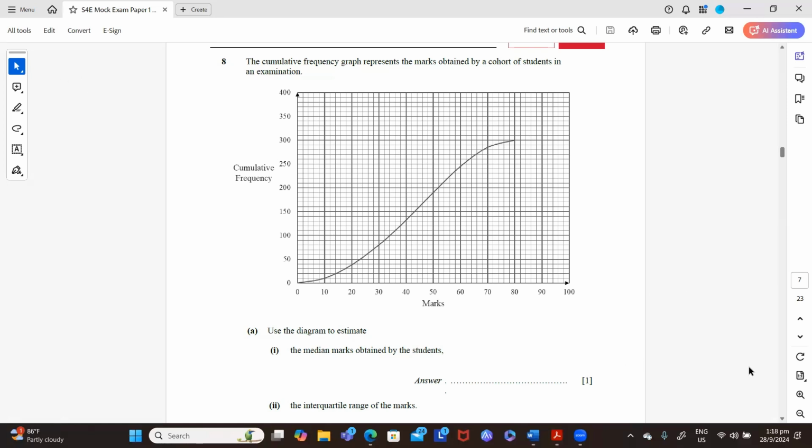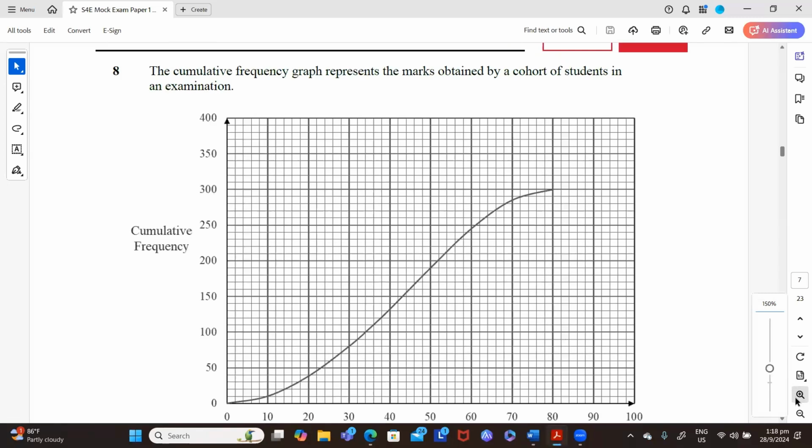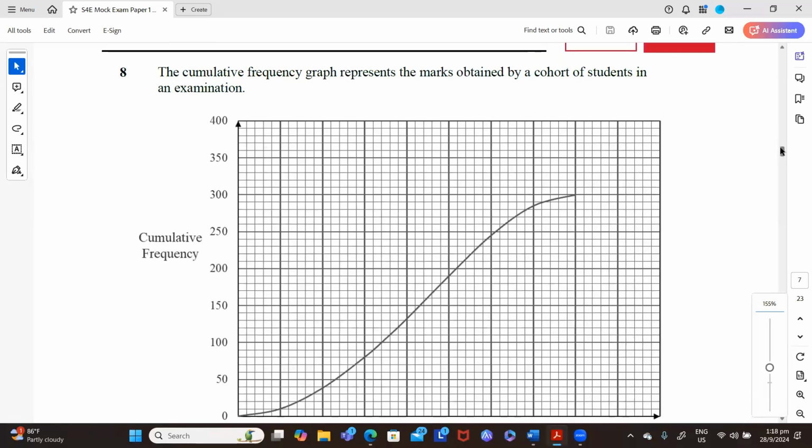So this part here, let me zoom in. If you look at 150.5 on this graph, 1, 2, 3, 4, 5, every box represents 10. So 150.5 is so close to this line that we can take this line to measure. It's at this point here, in the middle of a square.